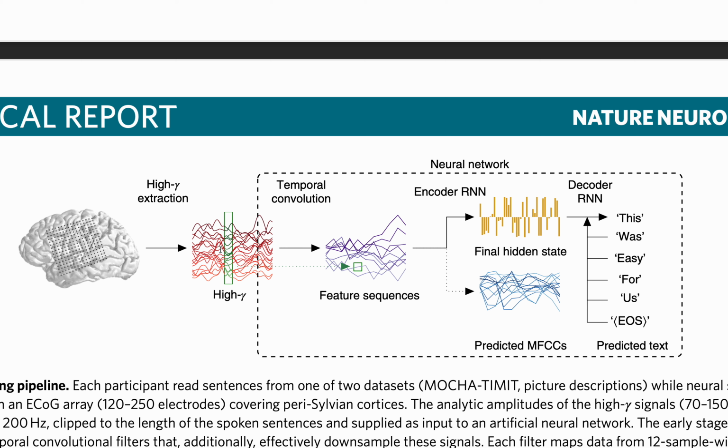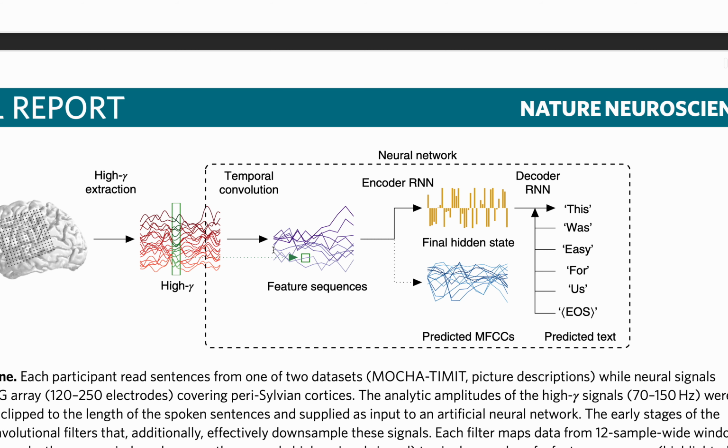These are the waves. Then in those red colored waves here, you see a green colored filter. That filter is the temporal convolution filter. Using that filter, some sort of further extraction happens. It's essentially downsampling the information into these features. You can see this green square here.